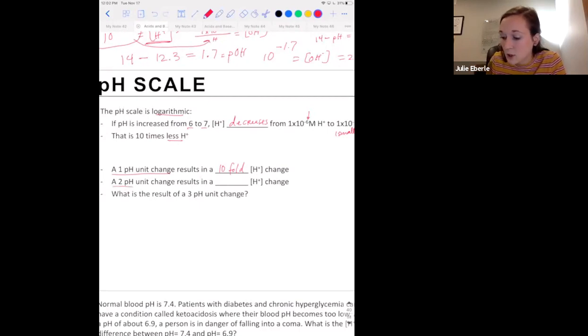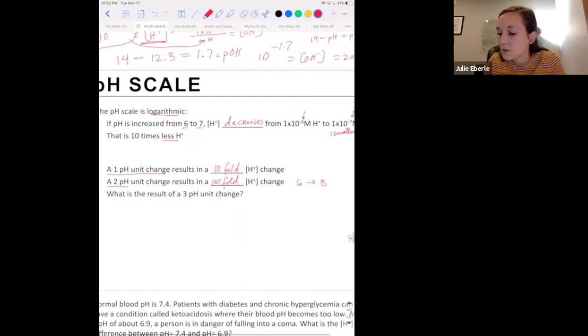A 2 pH unit change, if you went from, say, 6 to 8, results in a 100-fold ion concentration change. So what is the result of a 3 pH unit change? That would be a 1,000-fold H plus change. Sorry, that's probably hard to read.